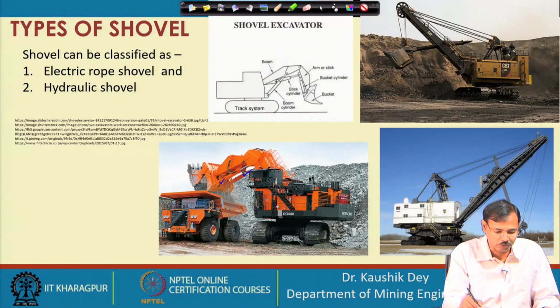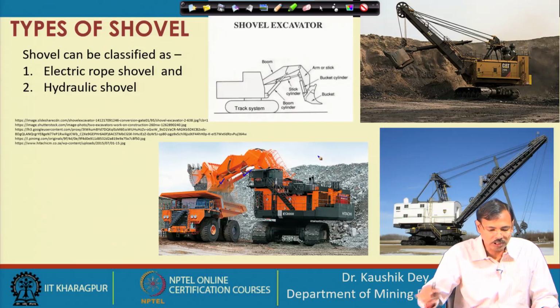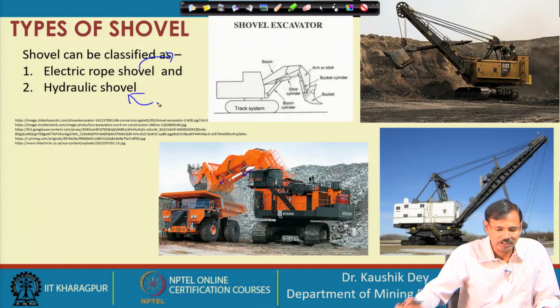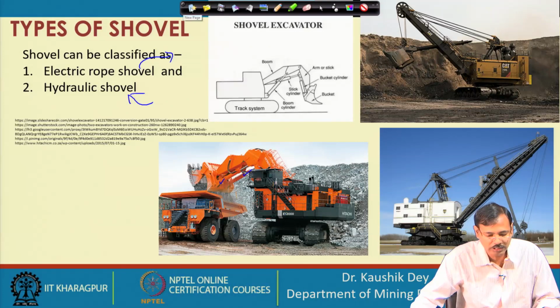So, these are the three cylinders utilized in this hydraulic shovel. That is why the rope shovel is basically a mechanically driven, ropes and gears driven shovel. Here, in the hydraulic shovel, the movements are driven by the hydraulic cylinders. So, that is the difference between these two.